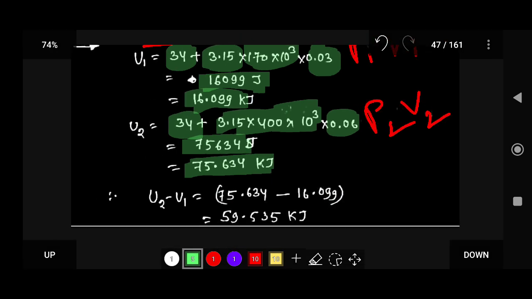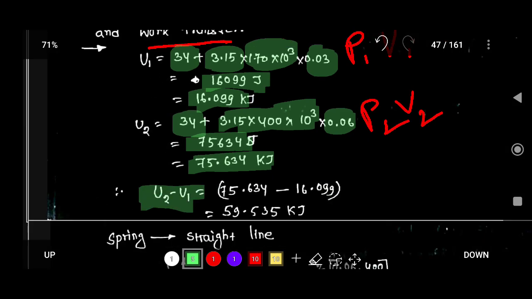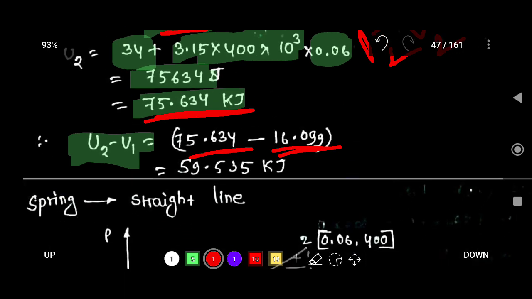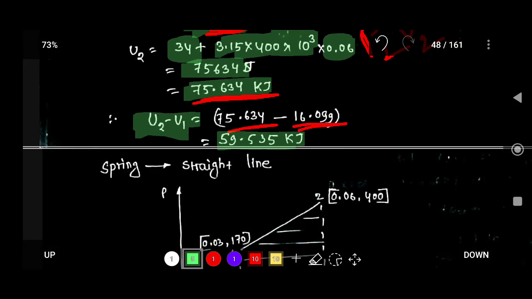Now if you want to calculate the internal energy difference, that is U2 minus U1, so U2 is 75.634 minus 16.099. So from here you can get U2 minus U1 equal to 59.535 kilojoule. Okay, so this is the internal energy difference.